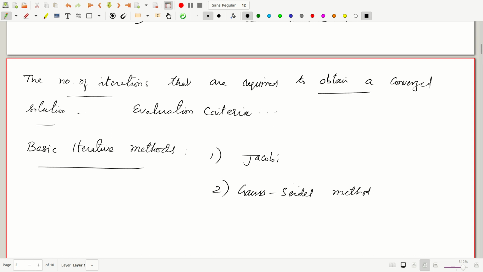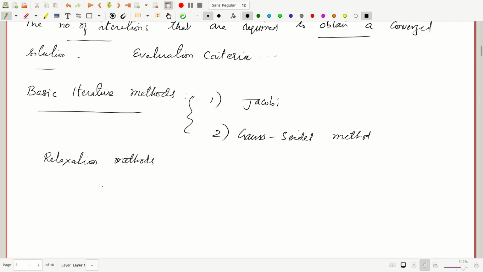So we have these two. These iterative methods are also known in the literature as relaxation methods, because the unknown vector at any iteration k plus 1 in some form depends on a combination of the unknown vector that is obtained at a previous iteration, okay.